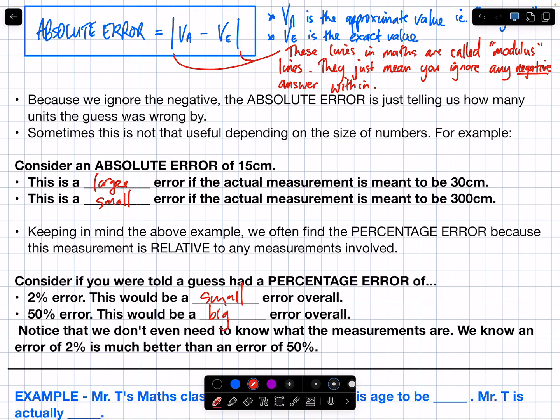Notice that I haven't told you what I'm measuring here. Before I told you the measurement was 30 or 300. You don't even know. But you know that 2% is barely anything, and you know that 50% is a lot. See how that works?